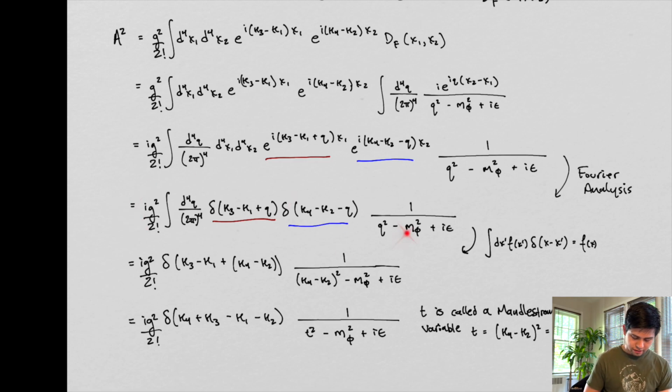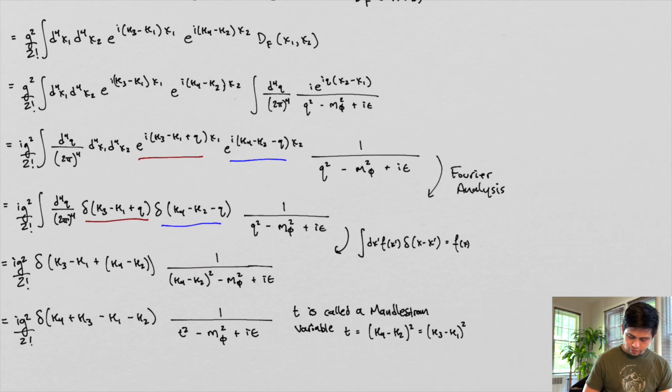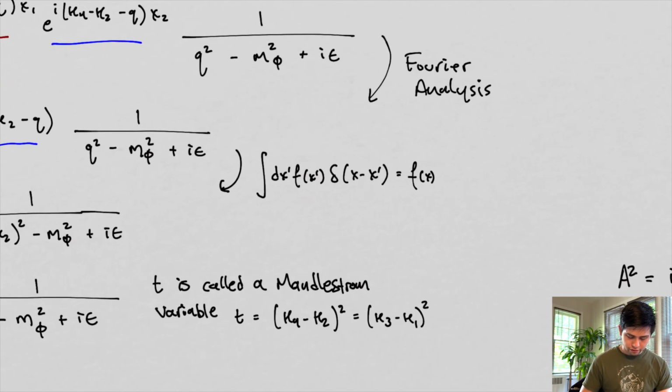Okay, then we do this little trick here. To get from here to here, we want to recall something, that the integral of some function, this is just a dummy variable, x prime, it's not a derivative, excuse me, this is some dummy variable. The integral of this, when we have a delta function at this dummy variable, will just give us the function, right?